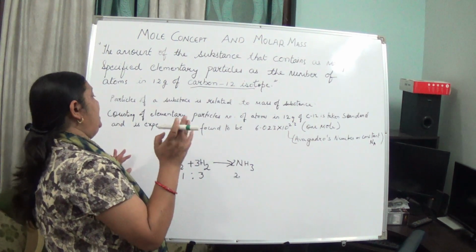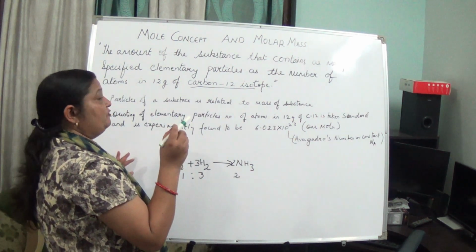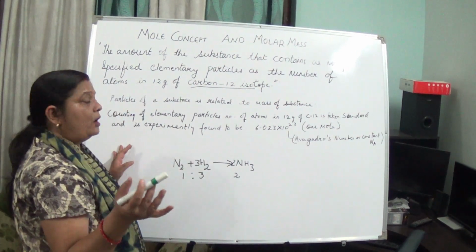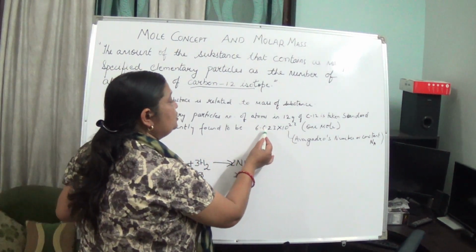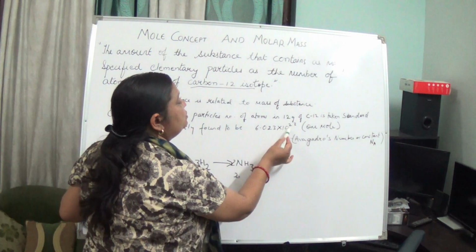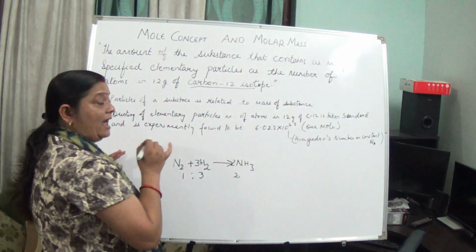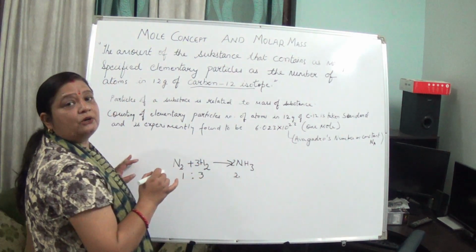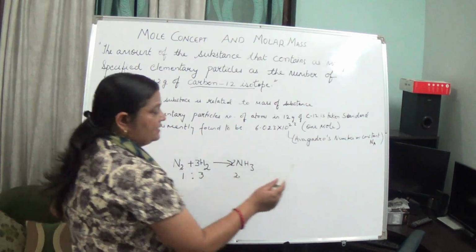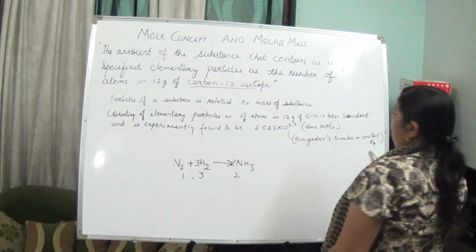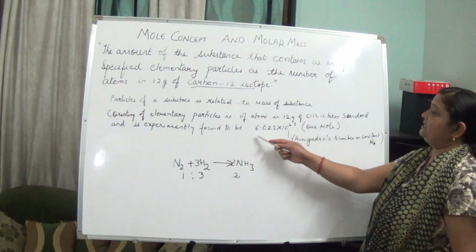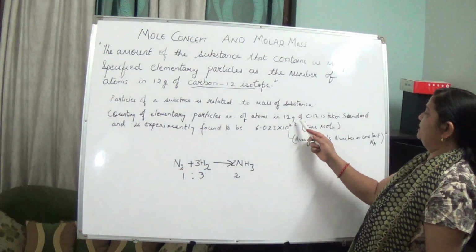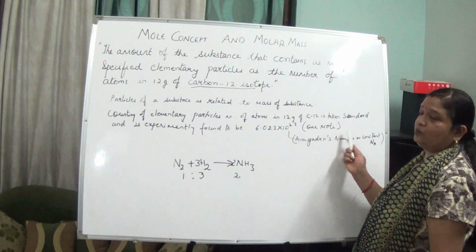This standard quantity was experimentally found to be 6.023 into 10 to the power 23. This represents our Avogadro number or Avogadro constant, represented by Na, and this 6.023 into 10 to the power 23 is considered as 1 mole.